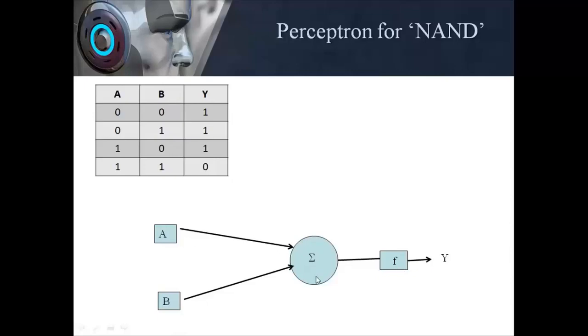Now, what we need to determine first are the weights and the bias or threshold as required. In our case, I'll take a bias for the perceptron. Since my output is already in the form of binary 0 and 1, the activation function is necessarily going to be a hard limiting function, that is the binary function, similar to what we used in the MP model, giving the output as binary.